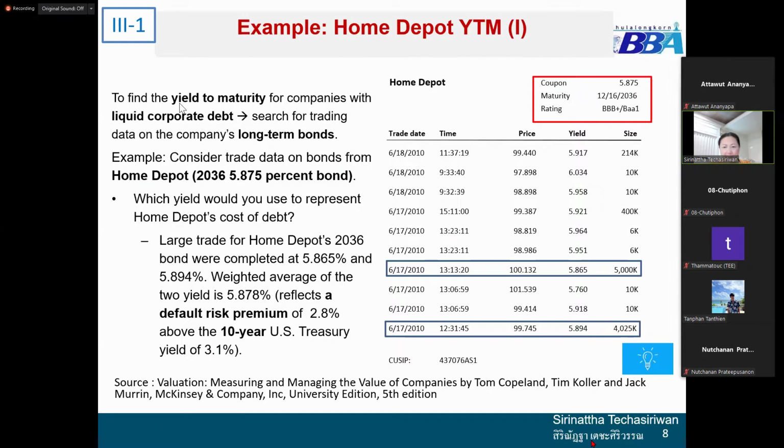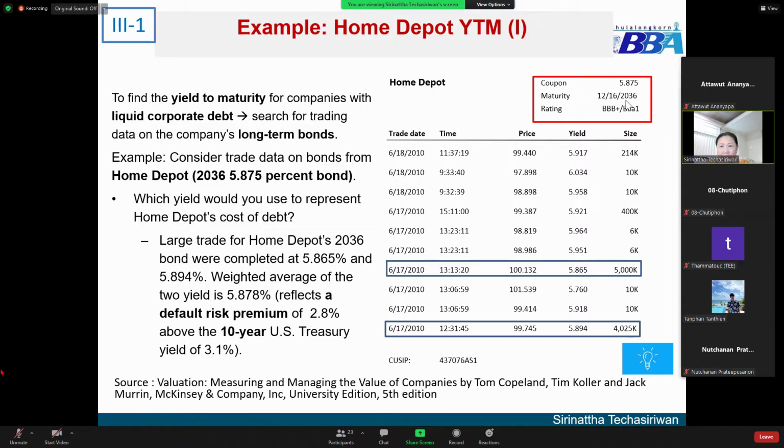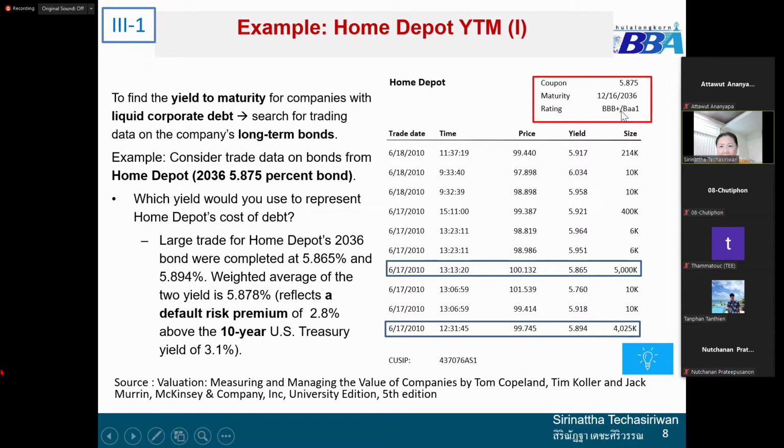Okay, and here is an example from the textbook, the McKinsey one. You can see that this is the trading of Home Depot, for the debenture that is issued in 2036, BBB plus rating.